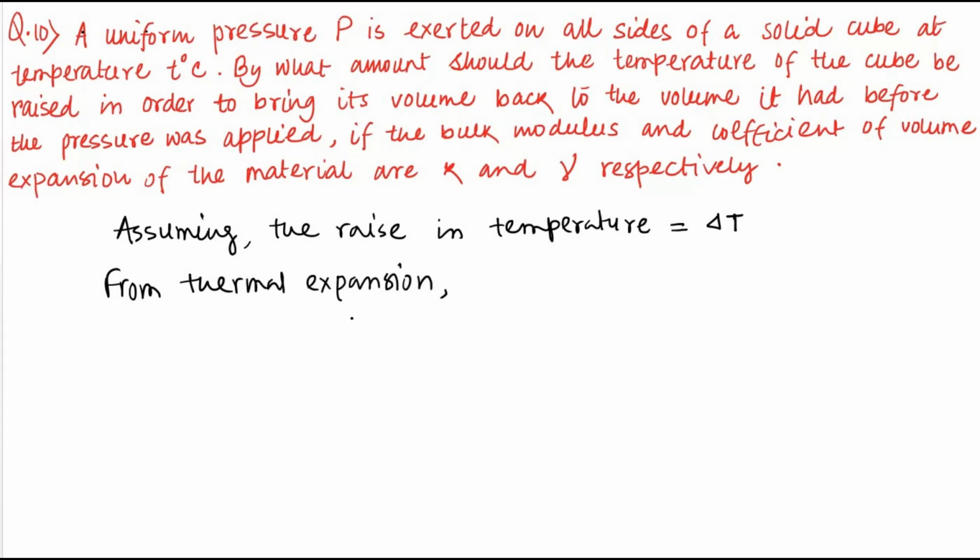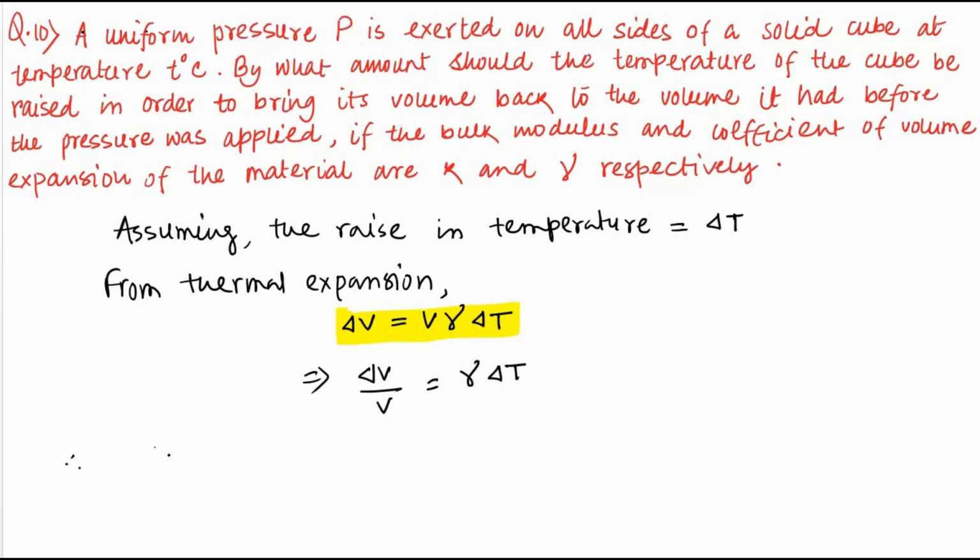that volume expansion, suppose delta V is the volume expansion, is directly proportional to the original volume, the coefficient of the volume expansion, and delta T, which is the raise in temperature. So this is our equation, the equation of the volume expansion. This equation is very important here. So from here we can write that delta V upon V is equal to gamma into delta T, right?